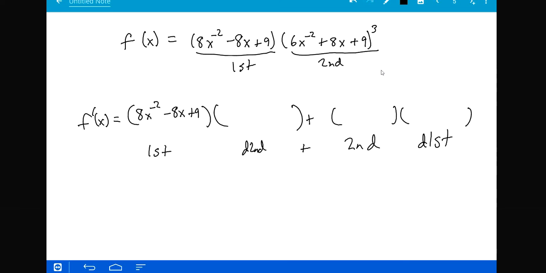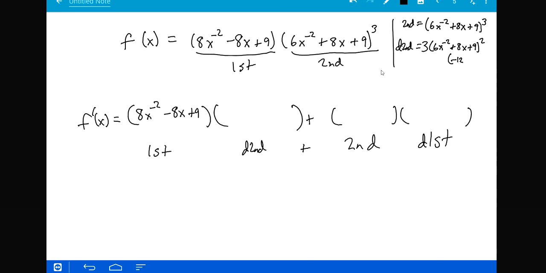D second, so we need to kind of come to the side here. Second is all this stuff. And use the general power rule to get d second. So 3 goes out front, we rewrite the parentheses, subtract 1 from the exponent, times the derivative of what's in parentheses.